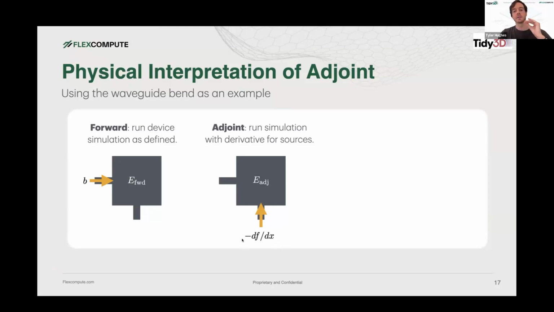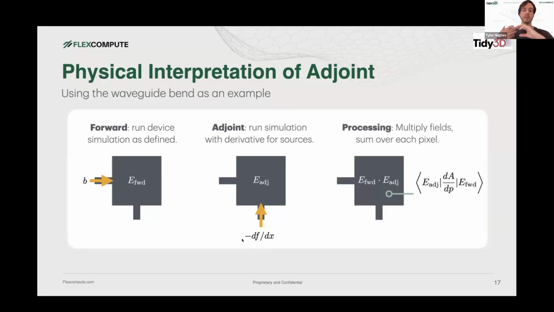So in some sense, the adjoint source kind of encodes all of the derivative information coming from downstream in the graph. And once you've solved these two fields in the design region, you can compute these inner products to perturb your design region in the gradient direction.